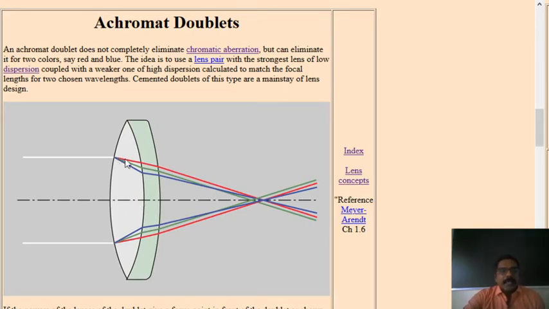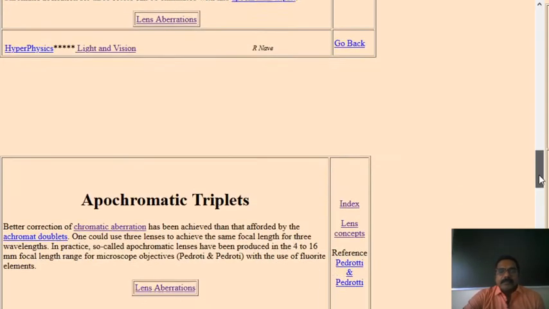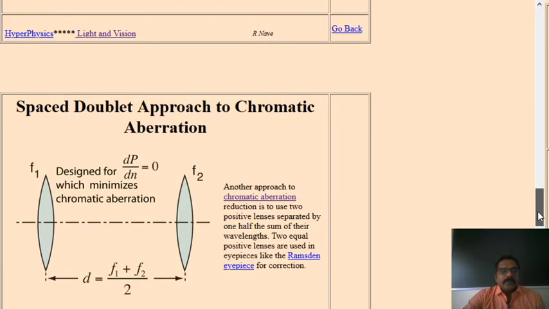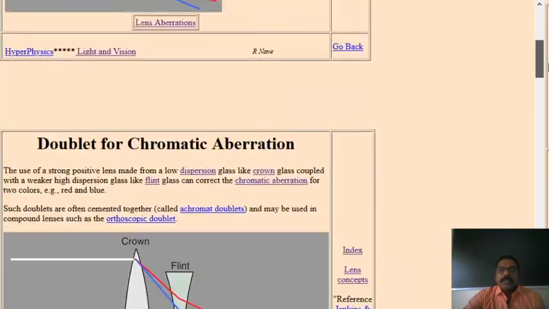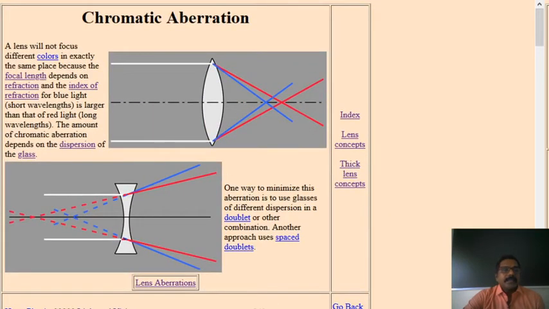So the light dispersion is compensated by these two, and the chromatic aberration is removed, that means achromatism. So it's called an achromatic doublet. These are beyond our focus.